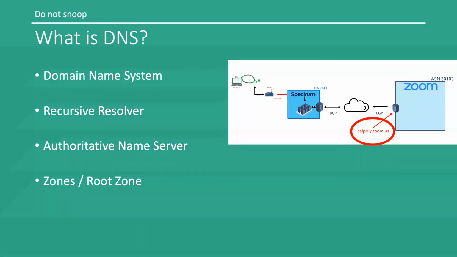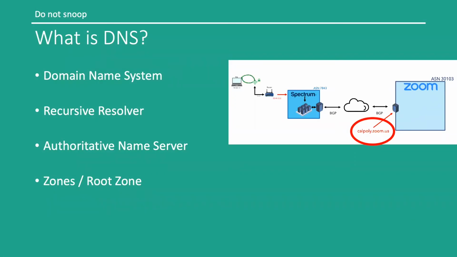And that area that it's in control of is called a DNS zone, sometimes also the root zone. Now, the zone is a portion of all of the name records and subdomains and everything of that same nature that belongs to a given domain. So in this case, calpoly would be part of the zoom.us zone.